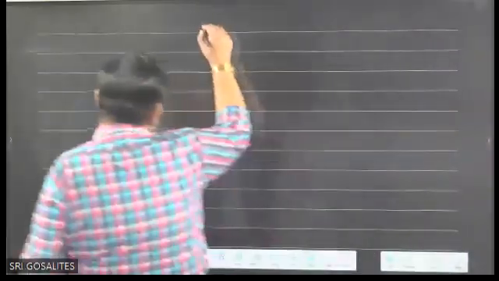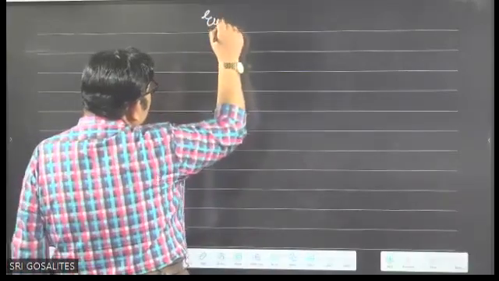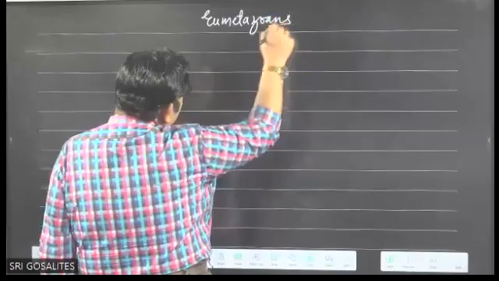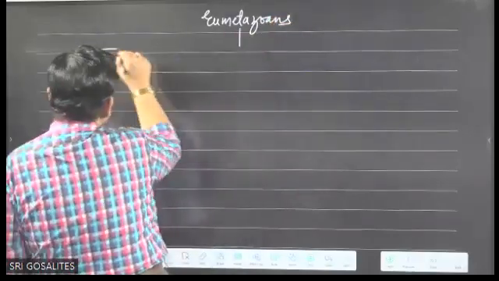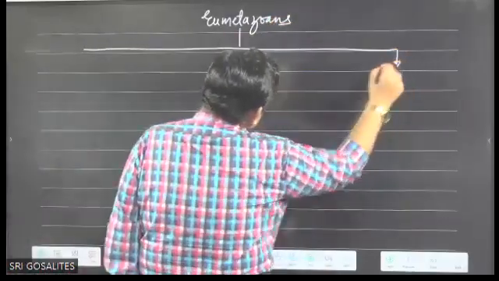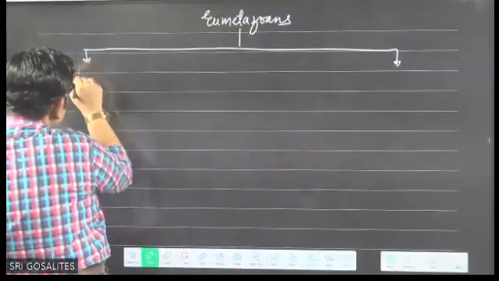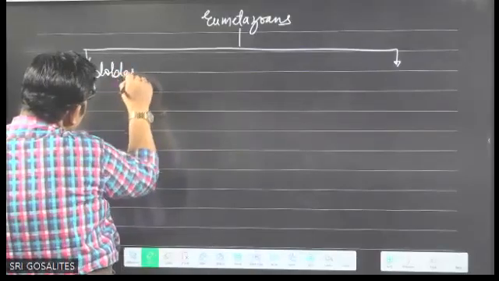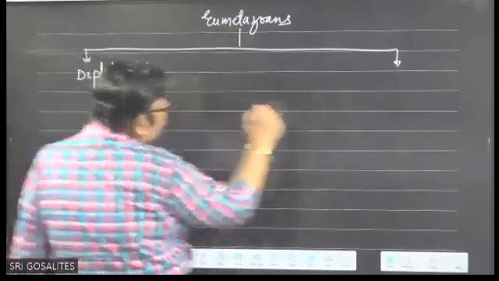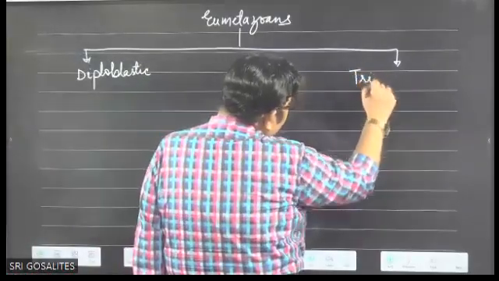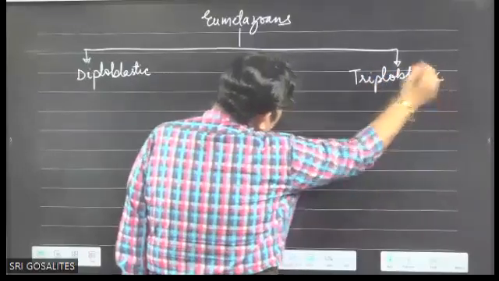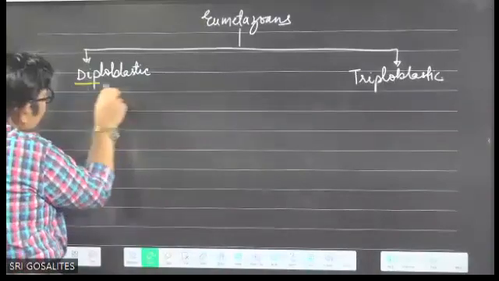Some animals, for example, we are only classifying the eumetazoans. Eumetazoans can be classified as diploblastic and triploblastic. In diploblastic, the word diplo stands for double.